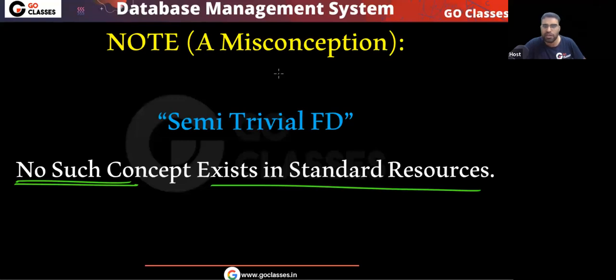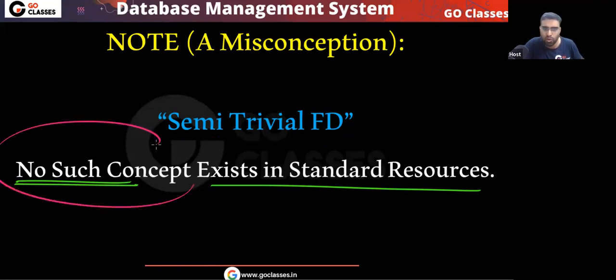Some students are saying that they are reading DBMS for the first time. That is good. Whatever I'm teaching you, I'm teaching from the standard resources. For every concept, I'm giving you screenshots of standard resources: Ullman, Navathe, Korth, Raghu Ramakrishnan. But in some coaching institutes, this semi-trivial functional dependency is taught.